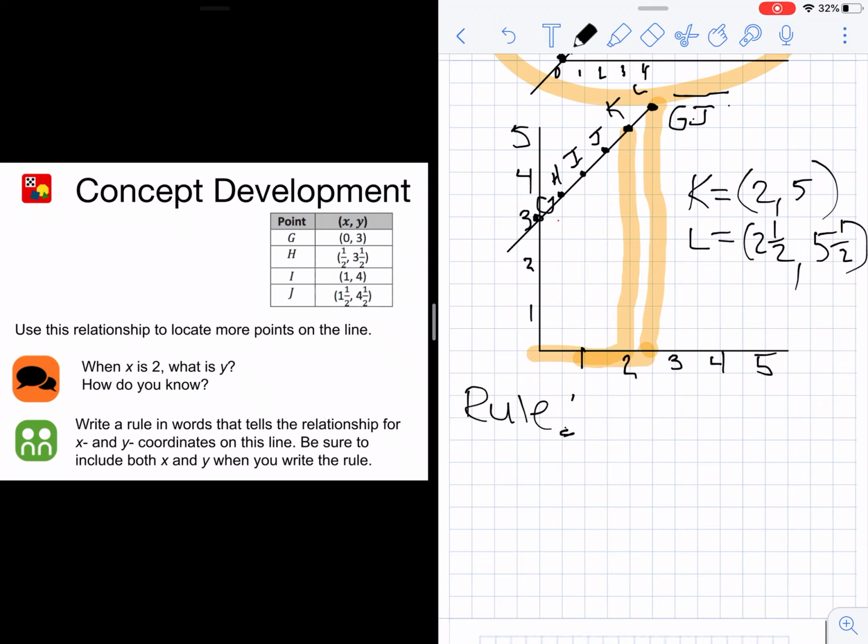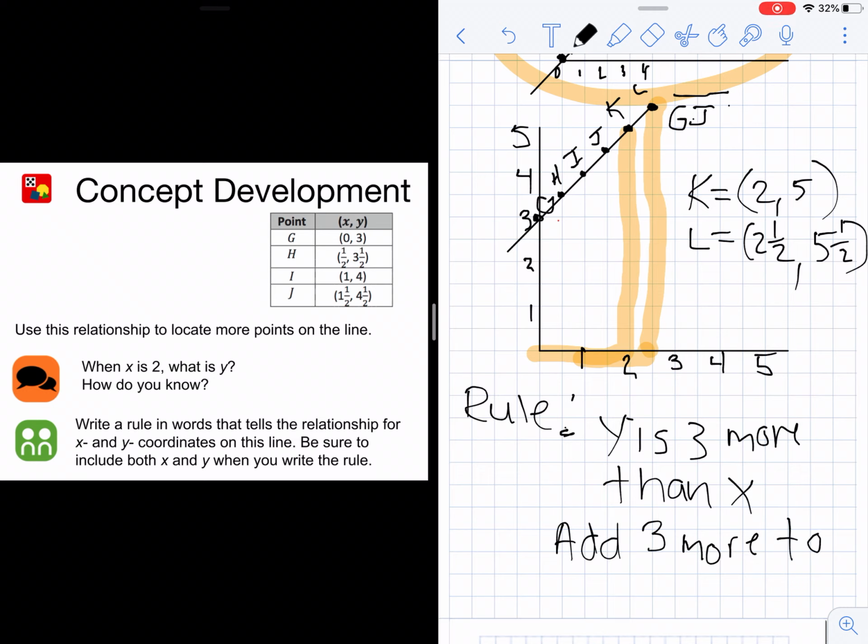Okay, so your rule could be y is 3 more than x. Your rule could also say something like add 3 to the x coordinate to get y.